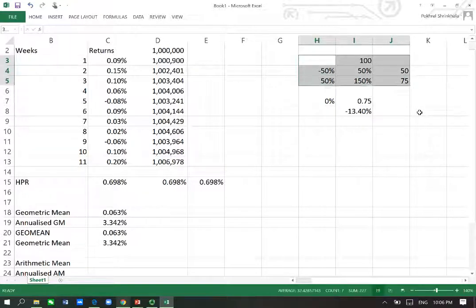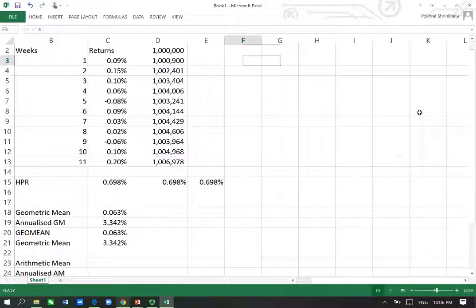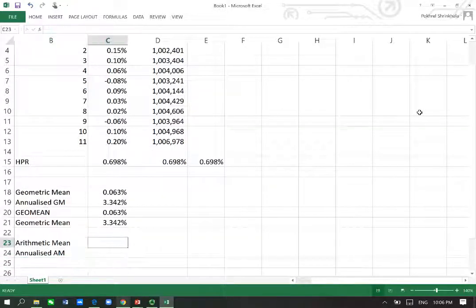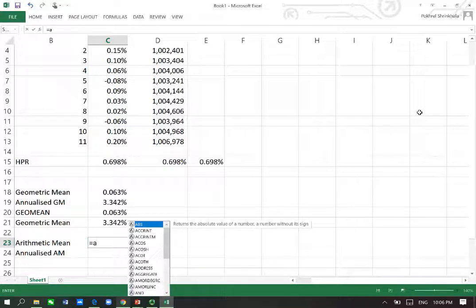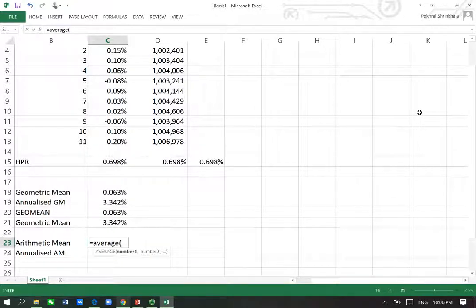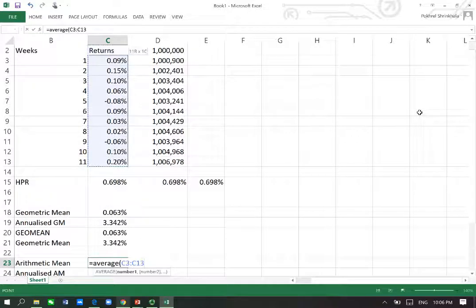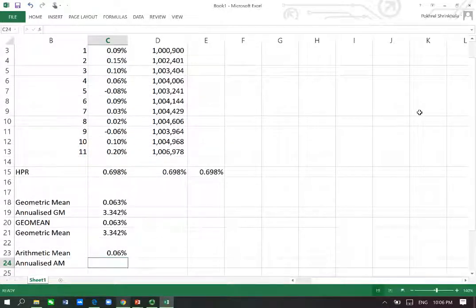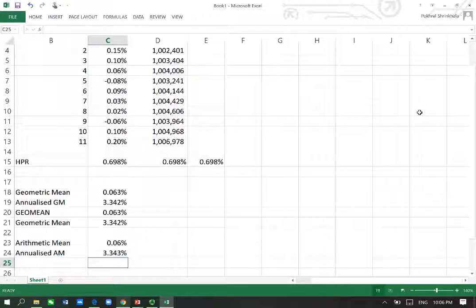So with this in mind, now we can find out the arithmetic mean first, and then compare the two for this data set, which was discussed in the earlier video. So arithmetic mean here is going to be equal to the average of all these returns, and annualized arithmetic mean is simply 1 plus the periodic rate of return to the power of 52, since this is weekly, take away 1, and therefore we get 3.343.